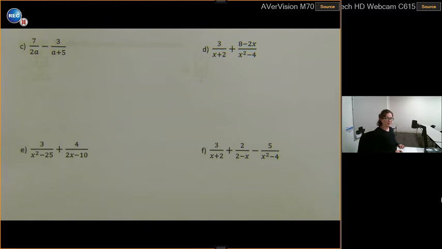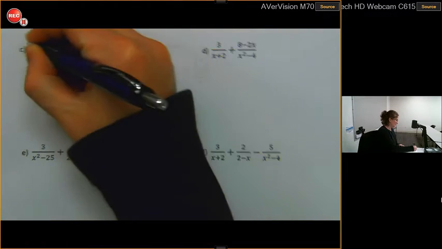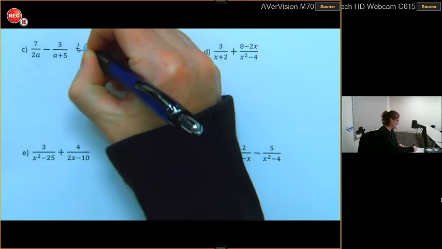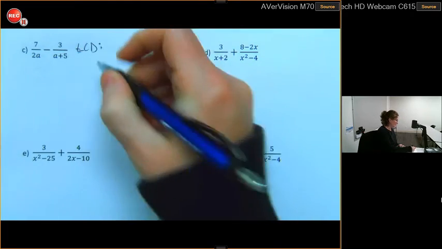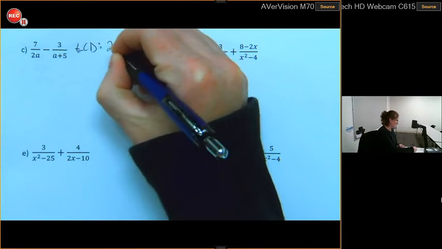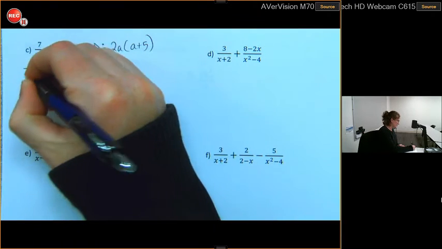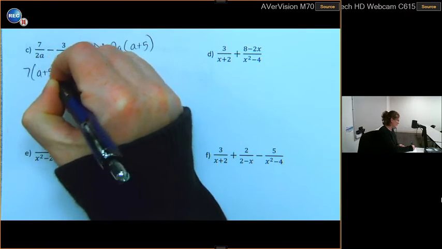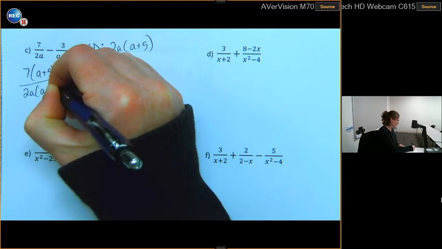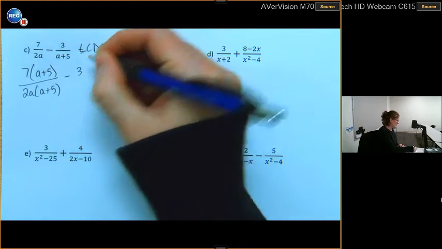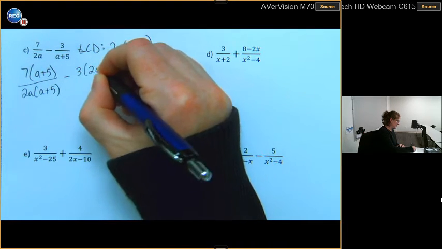Subtracting is no different. We just combine, we'll find our LCD. So our LCD is going to be 2a times a plus 5. So my first one needs a plus 5. My second one needs 2a.